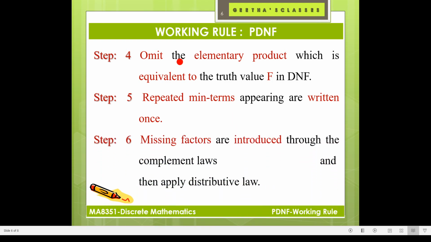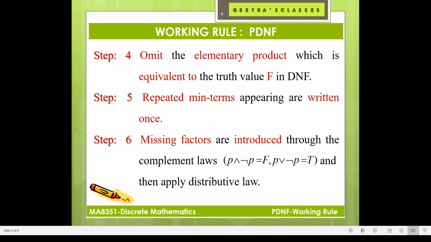Step 6: missing factors are introduced through the complement laws or negation law. The complement law is otherwise known as the negation law. Those two laws are: P and not P is false, P or not P is true. Then apply the distributive law. So you can introduce the missing factors, either false or true. These are the 6 steps to be followed in PDNF.